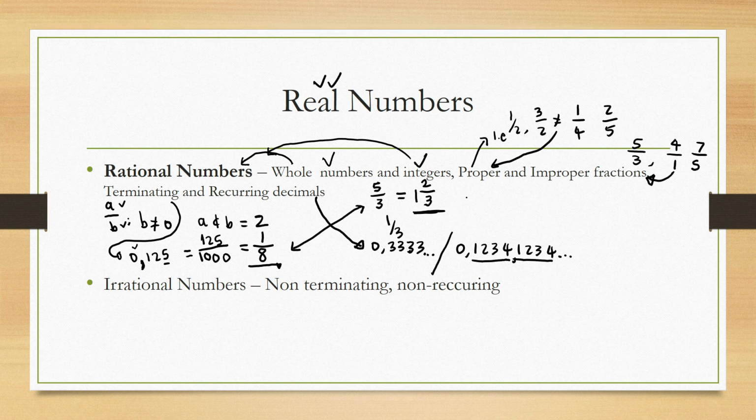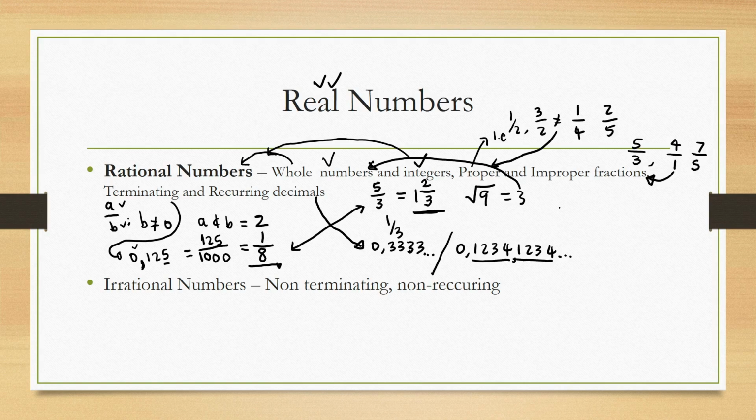For example, the square root of 9 is equal to 3. We know that 3 is a whole number, and a whole number is a rational number. Therefore, a square root of a perfect square automatically falls under rational numbers.